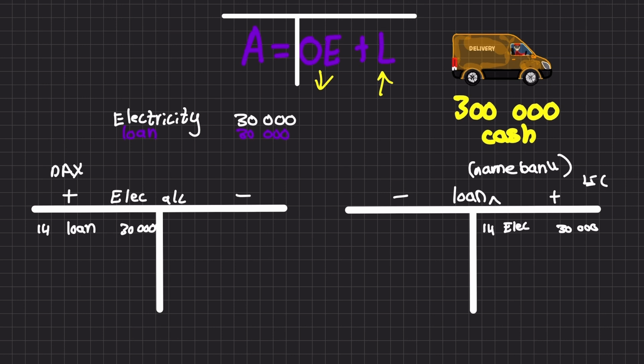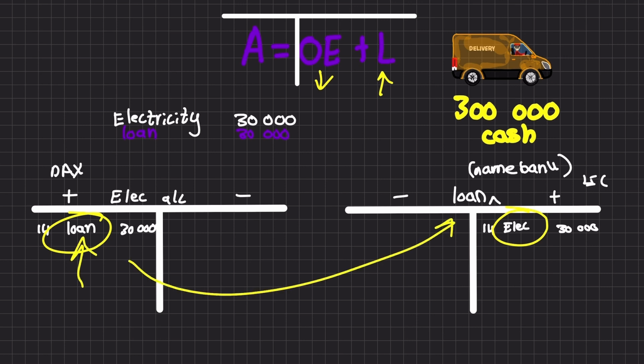And you can see here that these two are connected in a way. They are a debit and a credit. When we see the loan in our details, we can follow it to our loan account and say, okay, yes, then we have the electricity, and we can follow it back like that.